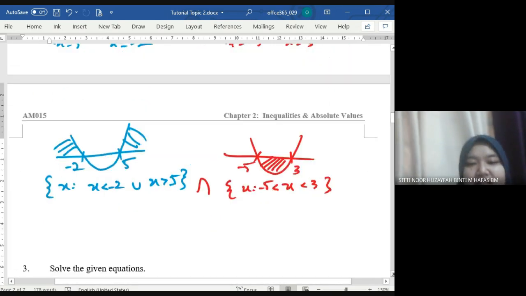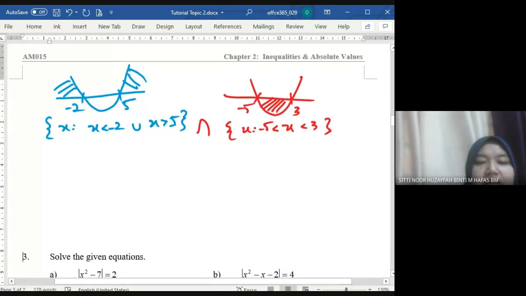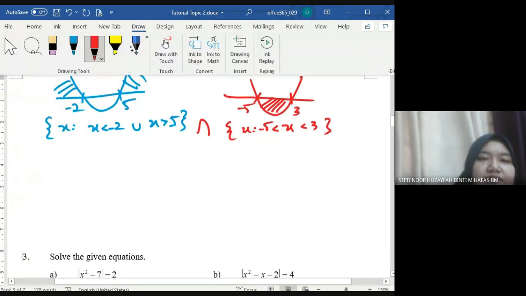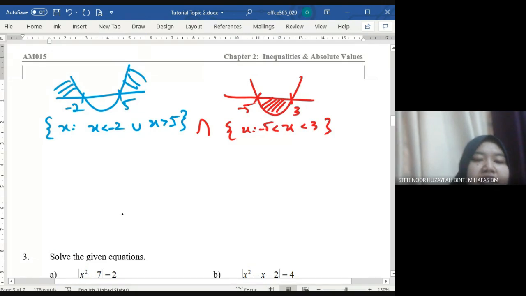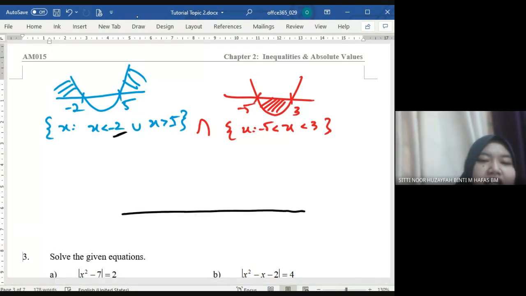So nak cari intersection, you belajar dekat chapter 1, betul tak? Macam mana nak kena buat? Kena lukis lah kita punya number line. So lukis number line. Kita ada nilai -2, -5, 5, 3. So smaller one is -5. After that -2. After that is 3 and then 5.